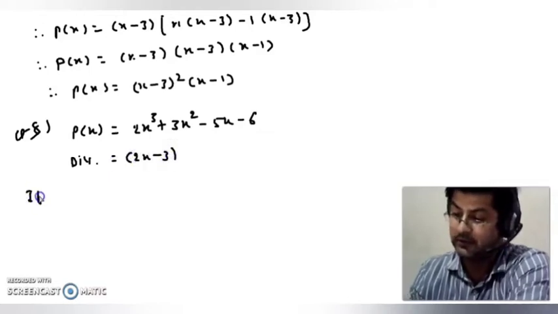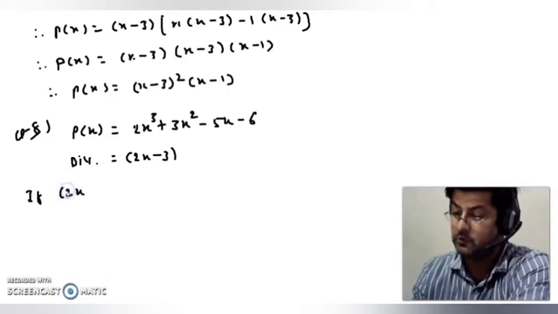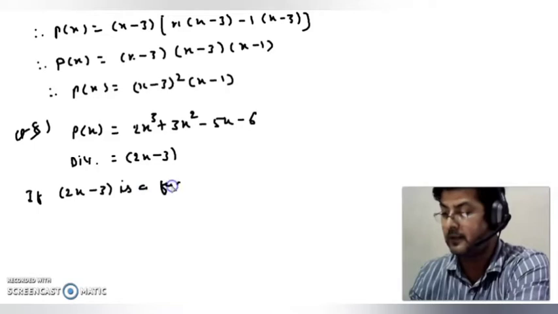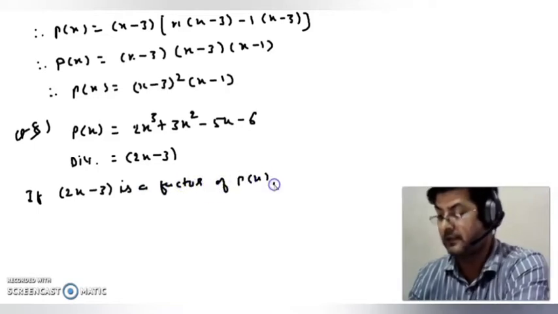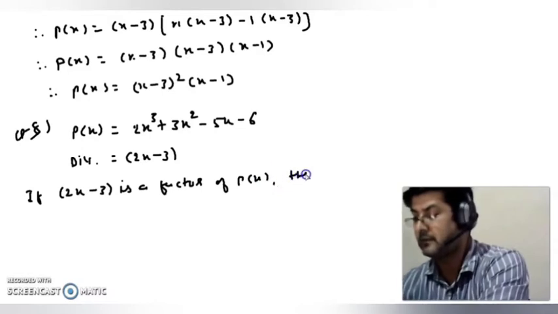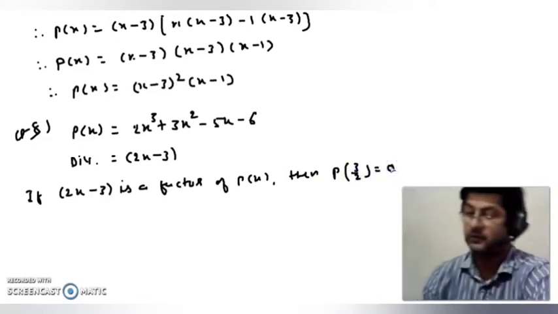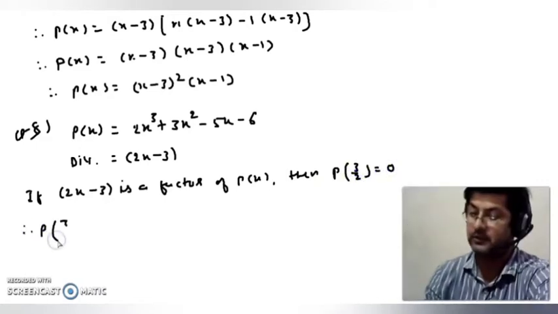Okay, we know that if 2x minus 3 is a factor of p of x, then p of 3 upon 2 must be equal to 0. Let us calculate p of 3 upon 2.